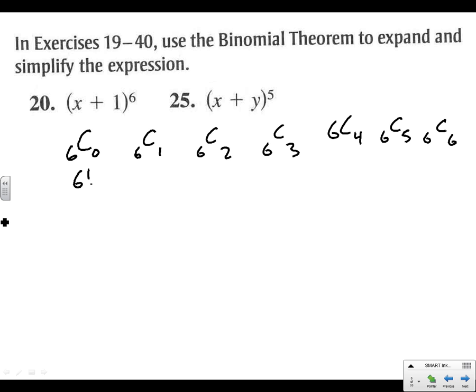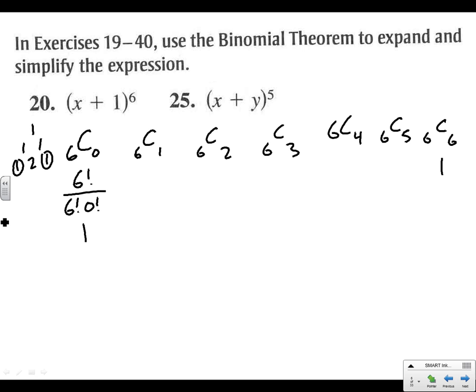This is 6 factorial over 6 minus 0, so 6 factorial, 0 factorial. And so this is just going to be 1. Which makes sense because if we do the triangle, all the edges, the first terms are all going to be 1. And all the right-hand edges are going to be 1.